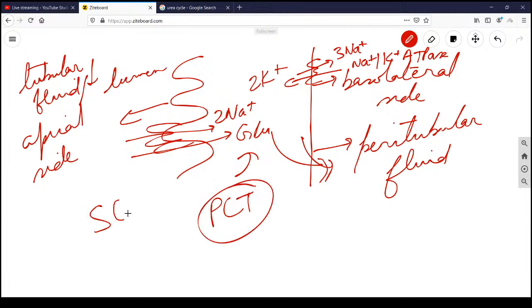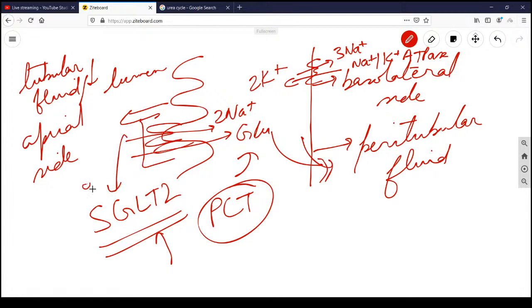This is also known as SGLT2 transporter, okay, for glucose. Very important. There are various drugs in the market which inhibit or block this transporter, so that glucose is thrown out of the body through urine, which will then reduce the blood glucose in diabetic patients.